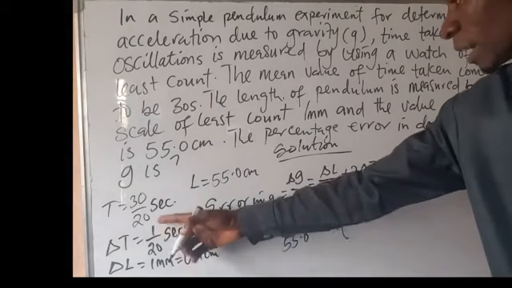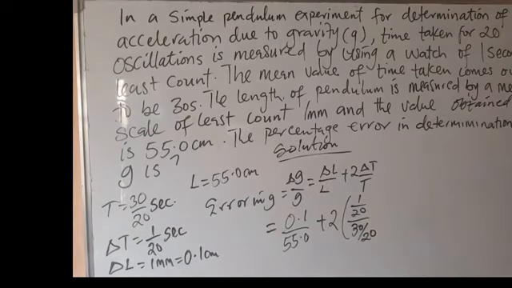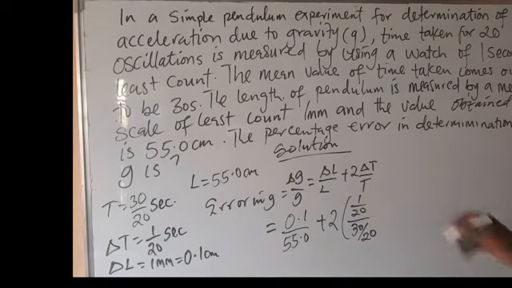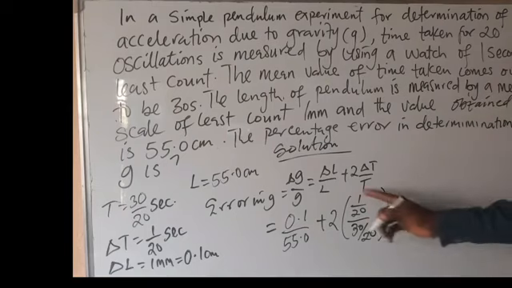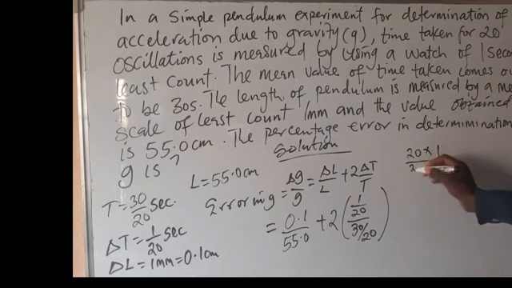Now we need T, and T is 30 over 20. Let's close the bracket first. The whole of this will turn into 20 multiplied by 1 all over 30 multiplied by 20.